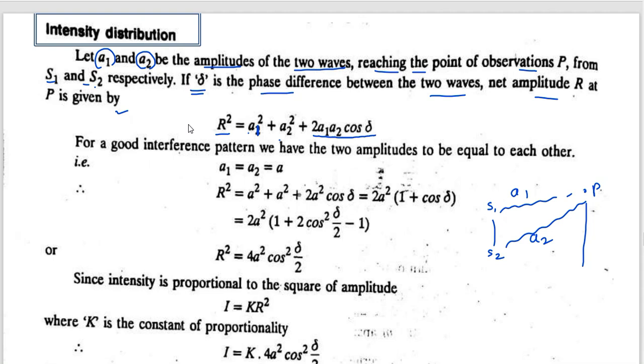What is delta? Delta is the phase difference. From S1P and S2P there is a path difference x, and every path difference is accompanied by a phase difference, and this is the phase difference delta.